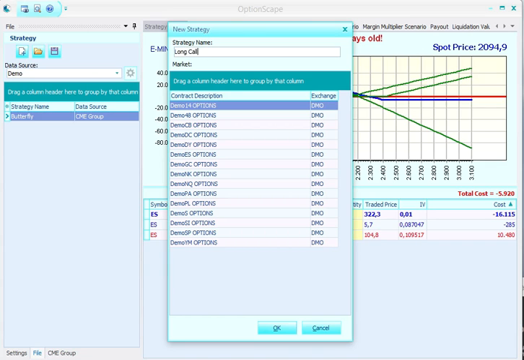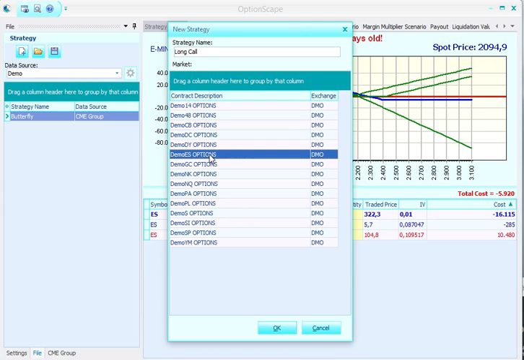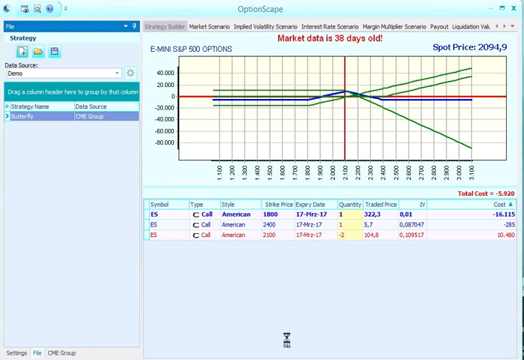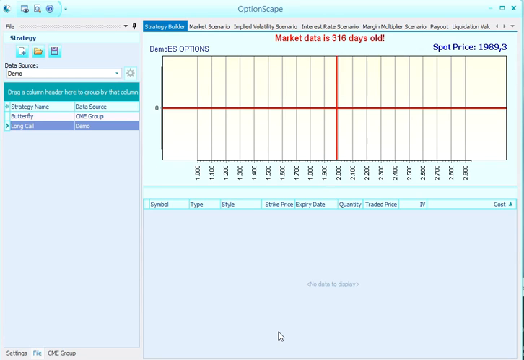From the demo data set here, we choose the Standard & Poor's options. And now the demo set data are downloaded. The spot price of the Standard & Poor's is actually 1989.3, and I would like to buy a call slightly out of the money.